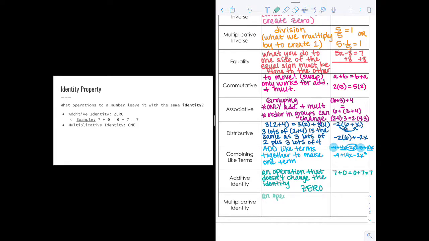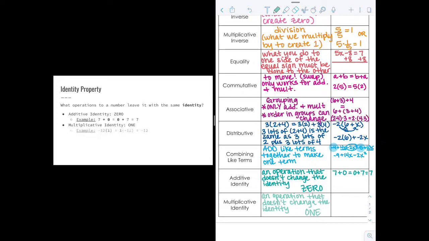An operation that doesn't change the identity or value of a number. And so with multiplication, this would be multiplying by 1. Okay?